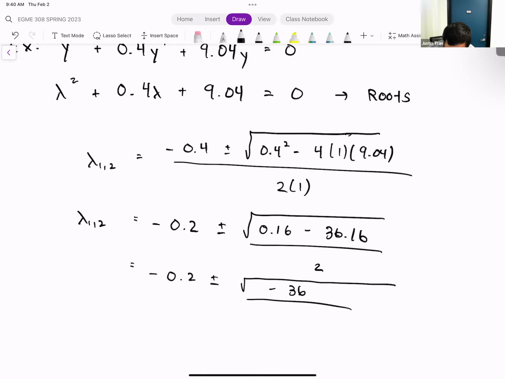We do the arithmetic up top, and we end up with a negative number. Since we end up with a negative number underneath the radical, we know we're going to end up with complex conjugate roots.